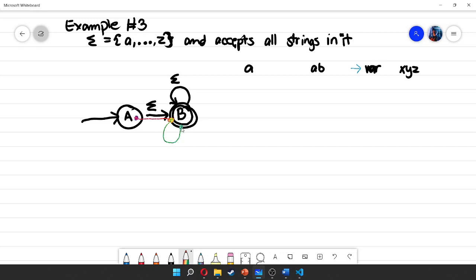Then nakabasa na po tag letter R. So letter R is still part of our sigma. Therefore, we go back to state B. So the string var is accepted. Same goes with XYZ. Okay? Follow so far? Okay sir, yes sir.